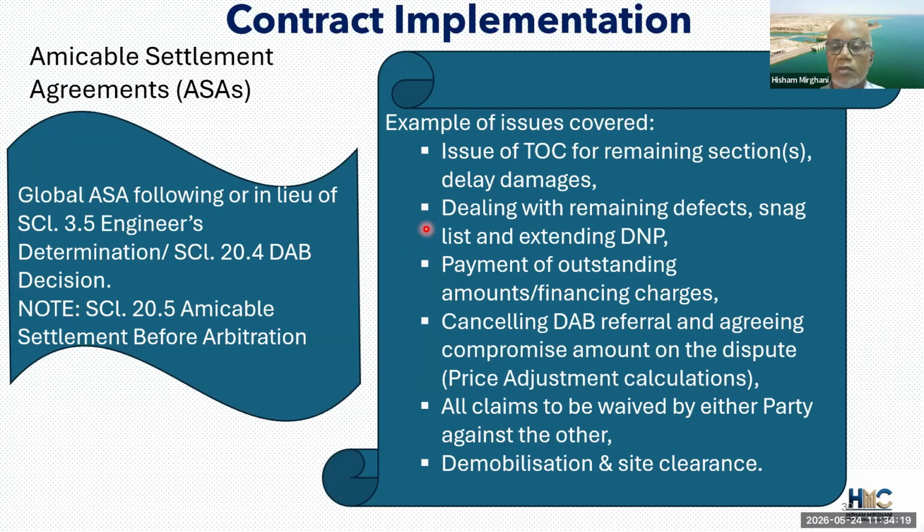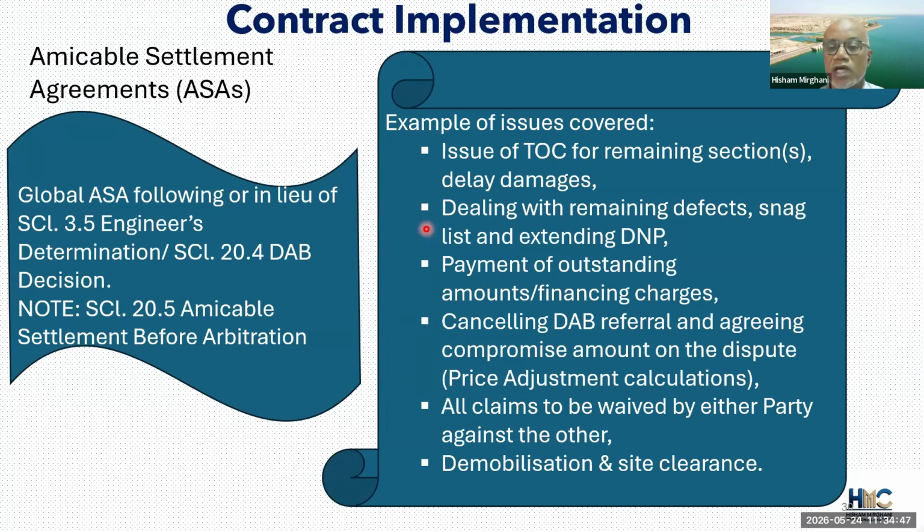remedying any remaining defects. So the approach to the amicable settlement agreement is that the contractor has to commit to the handing over of remaining sections and commit to remedying any defects, and sometimes there would be outstanding or delayed payments. The employer would commit to payment of these outstanding amounts on a specific date, and specific dates would be committed to by the contractor for outstanding activities.